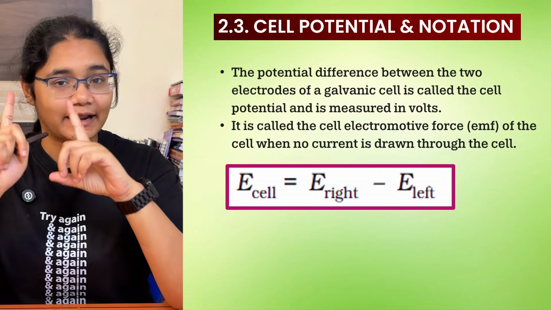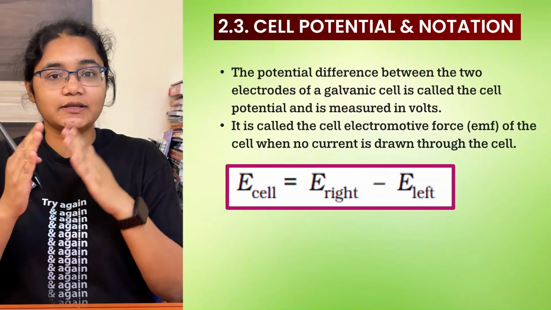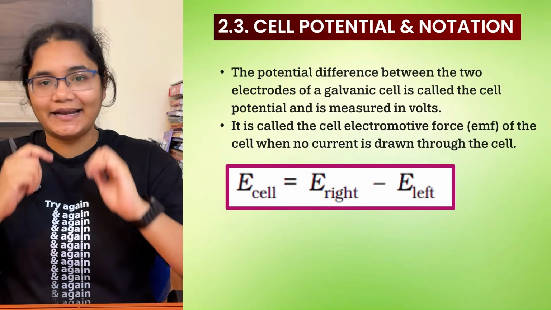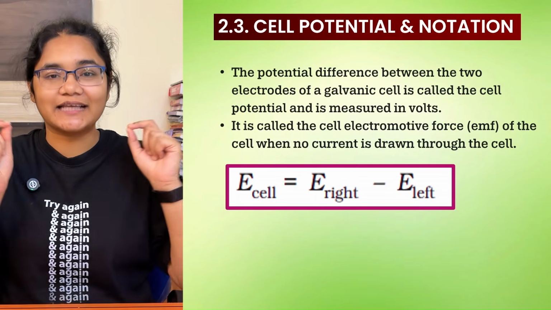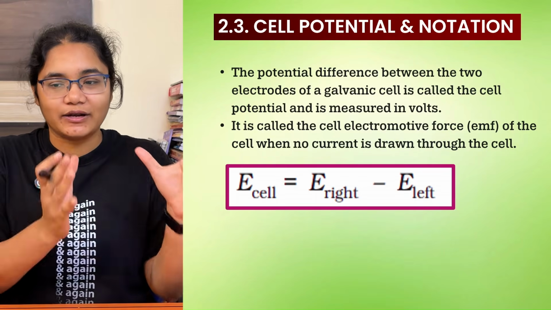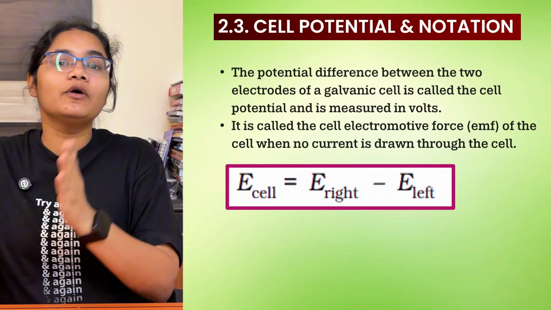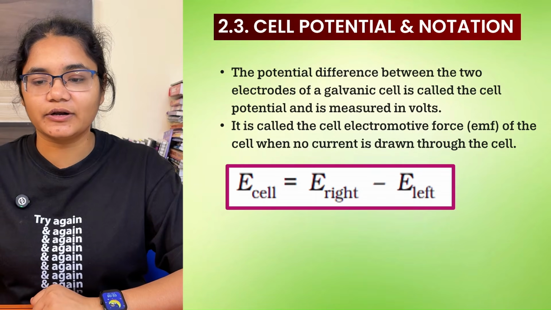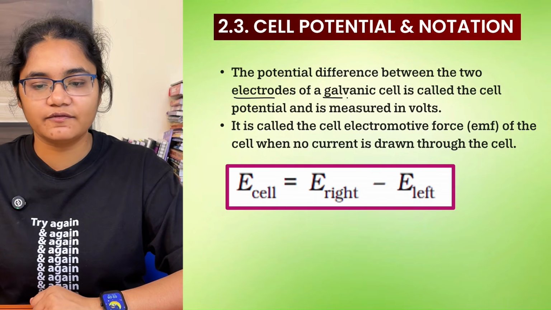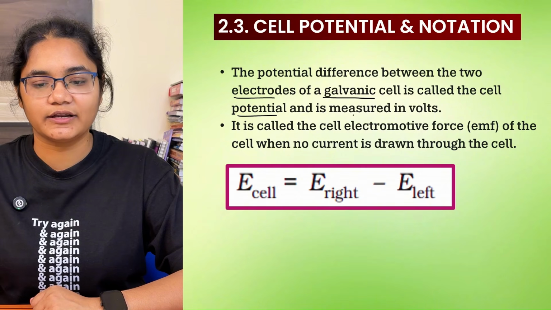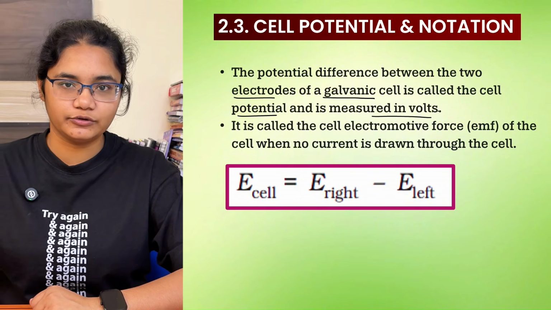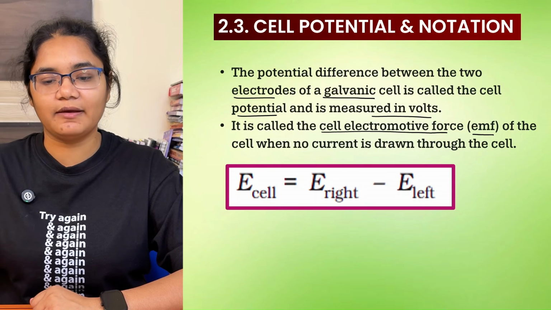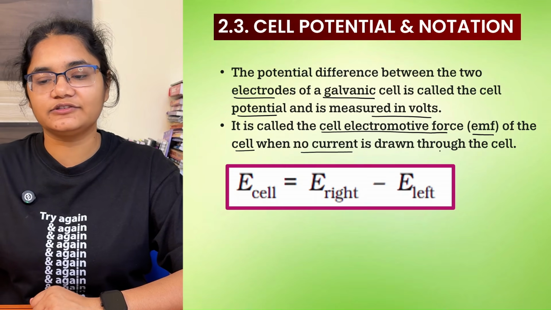You understood what electrode potential is: the potential difference generated between the electrode and the electrolyte around it. What is cell potential? Cell potential is the difference in potential between the two halves of the cell, the oxidation half cell and the reduction half cell. The potential difference between the two electrodes of the galvanic cell is called the cell potential and is measured in volts. It is called the cell electromotive force, or EMF of the cell, when no current is drawn through the cell.